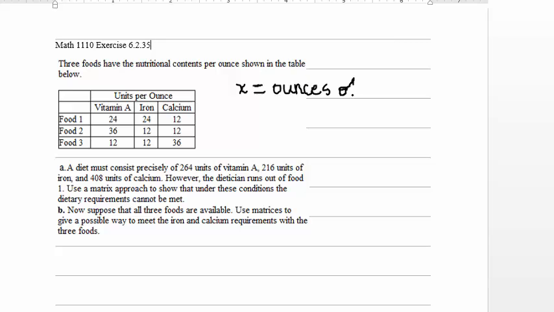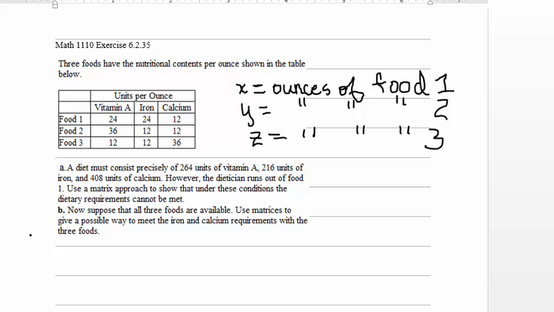We're going to let X equal the ounces of food 1. This is the food that the dietitian runs out of for part A. We're going to let Y equal the ounces of food 2 and Z equal the ounces of food 3.